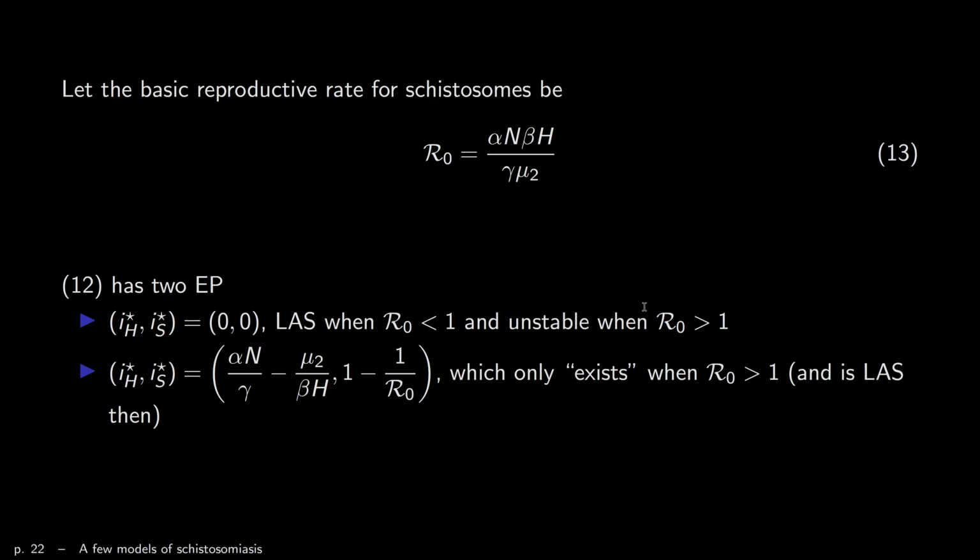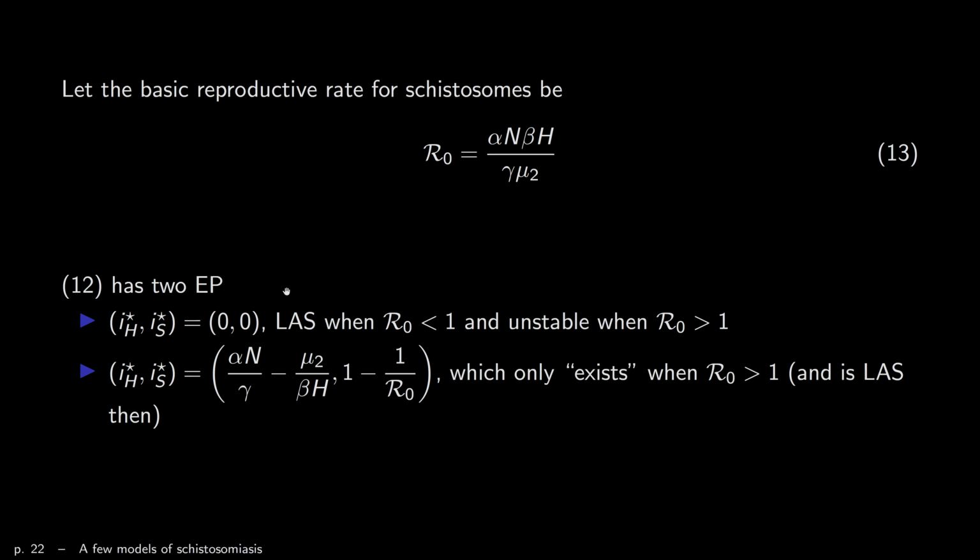So essentially, it's one loop. How do you go from a schistosome to a schistosome? So you get it this way. It's the product of alpha times the number of snails times beta times the number of humans that are using the water body, divided by gamma times mu2.